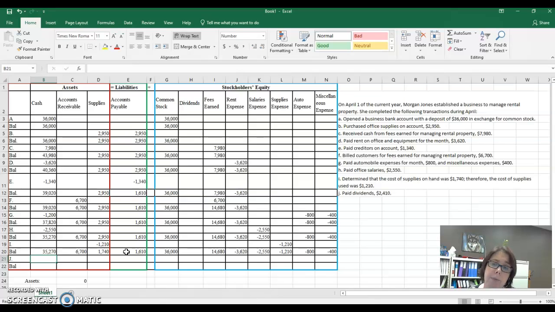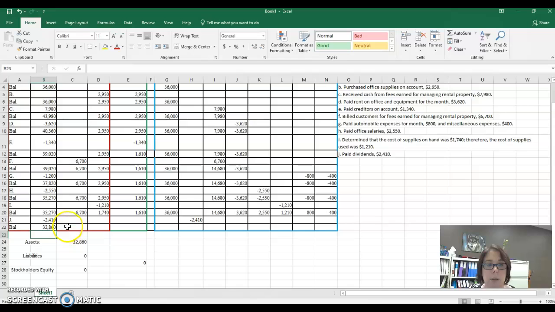J, we paid dividends 2,410. So we paid out some cash. Dividends are this: our common shareholders have invested $36,000 in us. We need to actually give them money for saying thank you for investing in us. Okay, so it does decrease your cash account. We still have our accounts receivable. We have our supplies in hand.